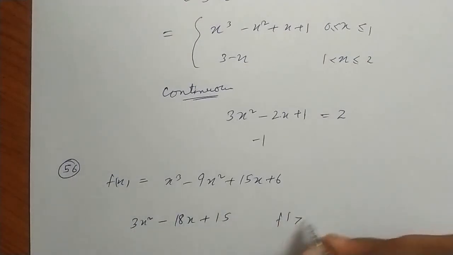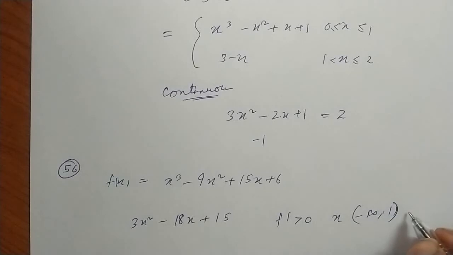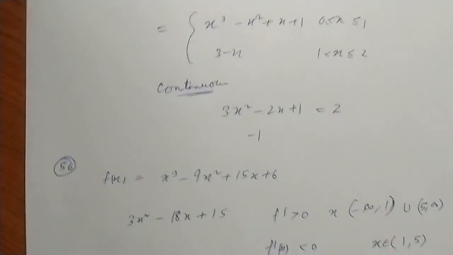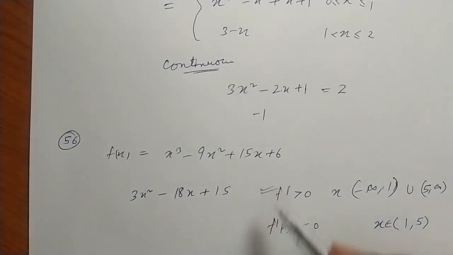So f dash is greater than 0 when x belongs to minus infinity to 1, and 5 to infinity. And f dash x will be less than 0 when x belongs to 1 to 5. So f(x) is increasing in this range and decreasing in this range.